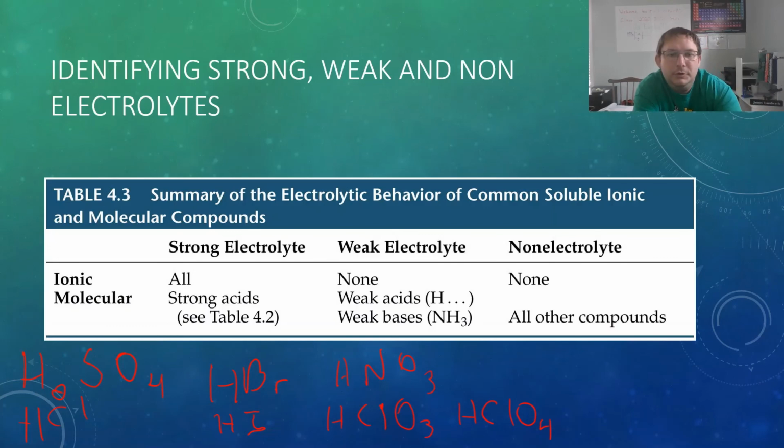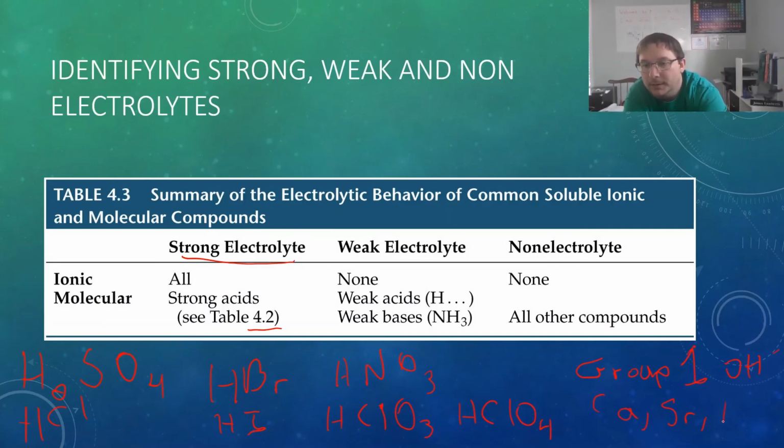Okay, so those are your strong acids, and now for your strong bases, because they're also going to be strong electrolytes. All this is given in table 4.2, the list of strong acids as well as strong bases. Your strong bases are your group 1 hydroxides, as well as calcium, strontium, and barium hydroxide.